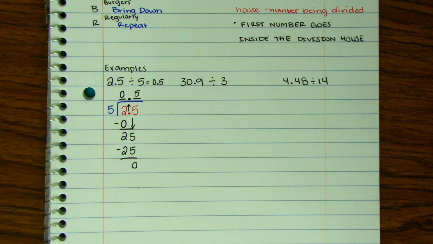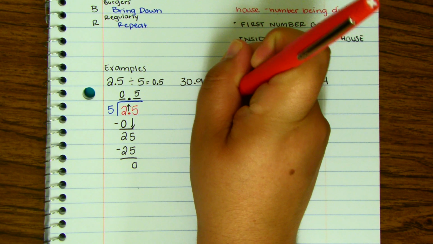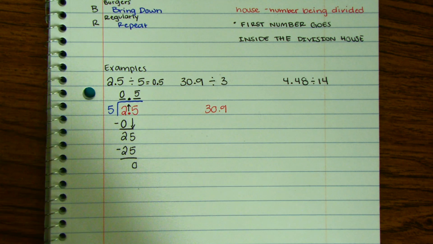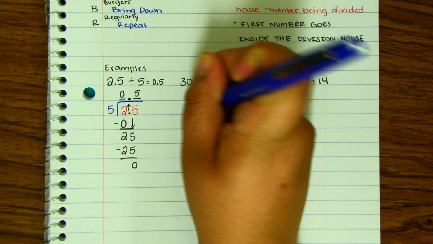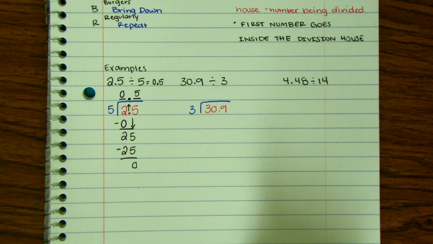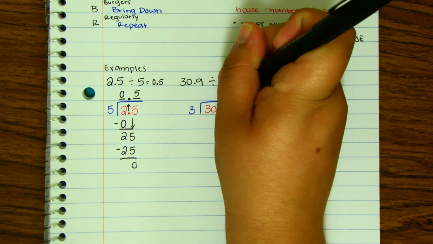So I'm going to change my colors. I have 30.9. So 30 9/10. And it is being divided by the number 3. So before I start to divide, I have to bring my decimal point up to the top of the house.